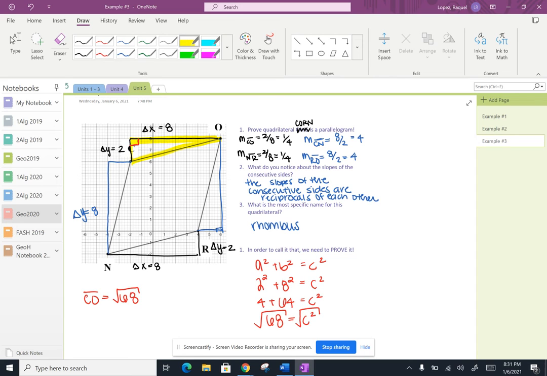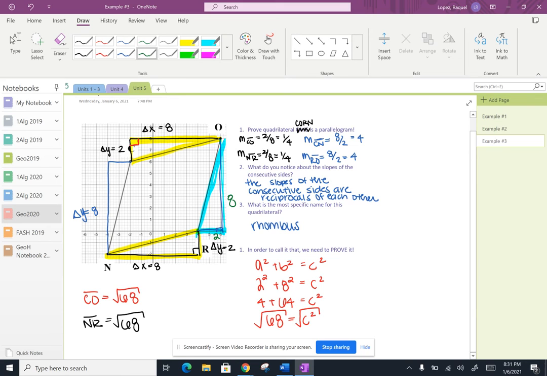Now, I also notice that I'm using those same values for A and B on the opposite side here. So I also know that the length of NR is also going to be the square root of 68. And when I'm looking at the triangles that I created that would help me find the length of RO, I'm noticing that these right triangles are also using values of 2 and 8.